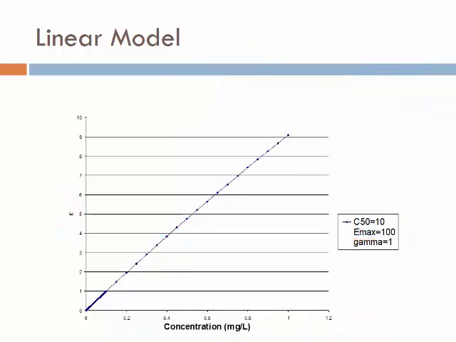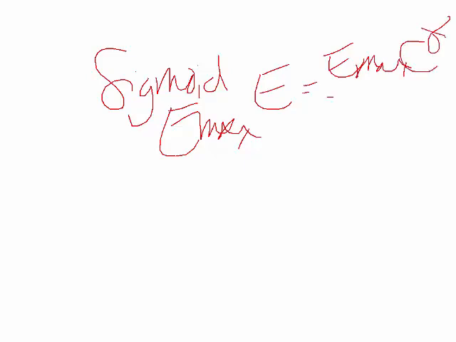So we have three models then. We have the sigmoid Emax. This is the most complex, and it's where E is equal to Emax times concentration raised to the gamma, which is our slope effect, over C50 raised to the gamma plus concentration raised to the gamma.